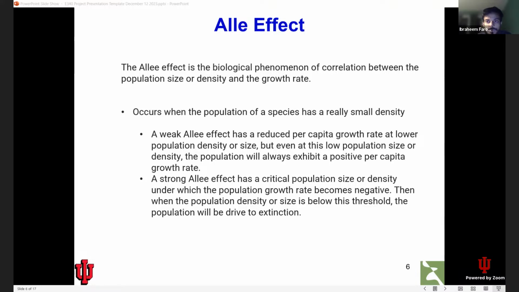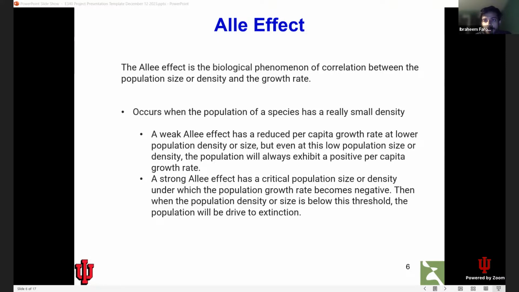One of the important additions you can add to the basic Lotka-Volterra model is what's called the Allee effect. The Allee effect is a biological phenomenon that describes the correlation between prey population size or density and the growth rate. Basically, it occurs when the population of the prey species is below a certain threshold, making it difficult for them to reproduce and survive.